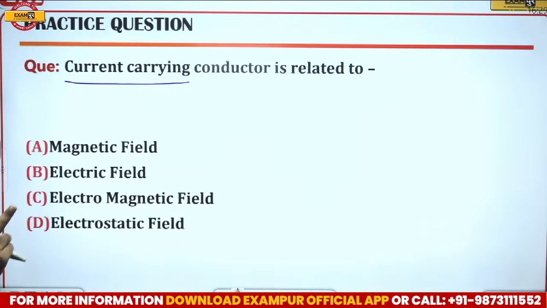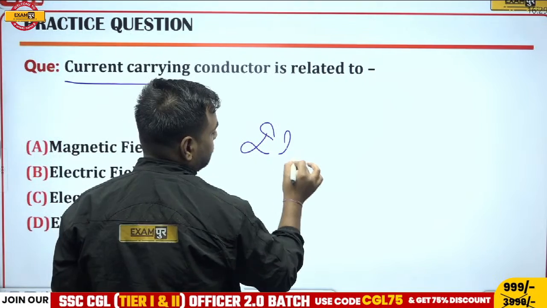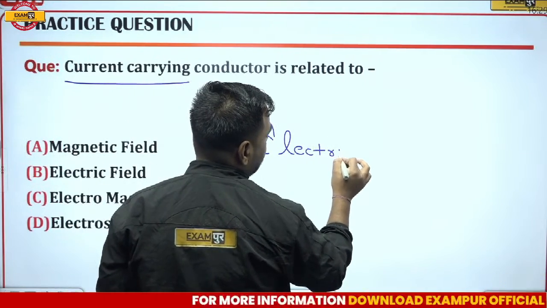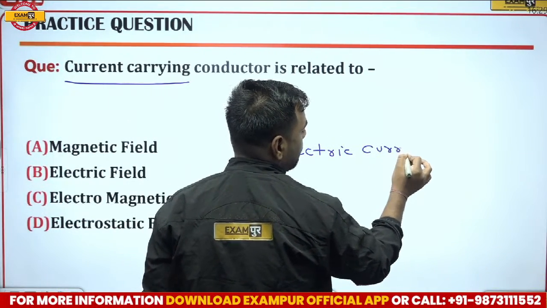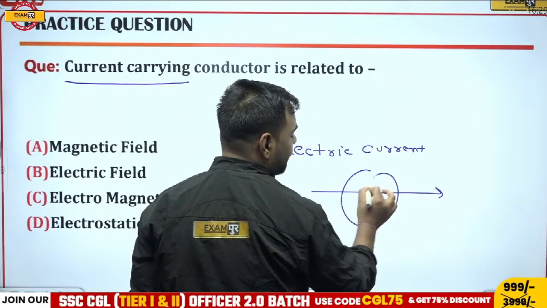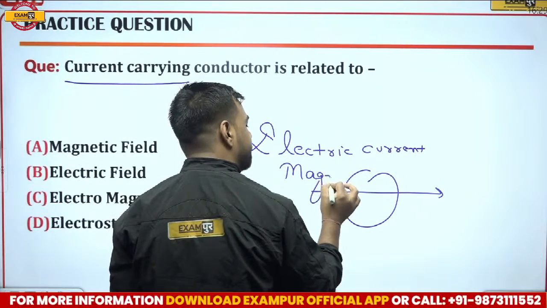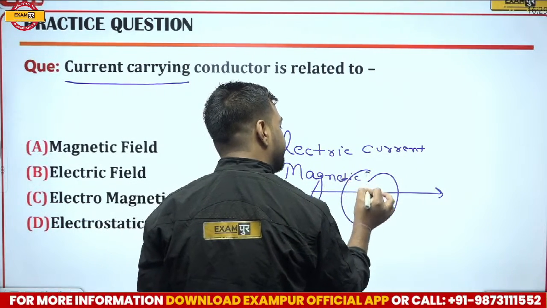Remember, I am going to tell you two different things and they are very, very useful. And what's that? Whenever electric current flows, around it, a magnetic field is generated. When we are talking about electric current, there's a magnetic field which is generated.